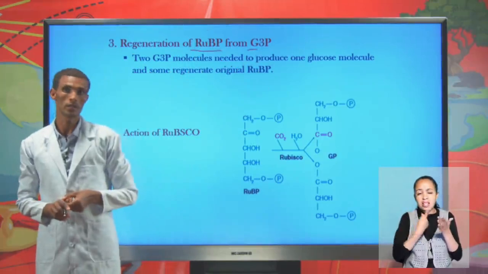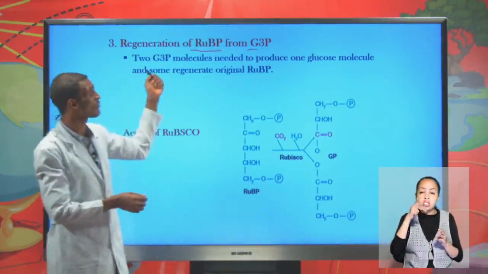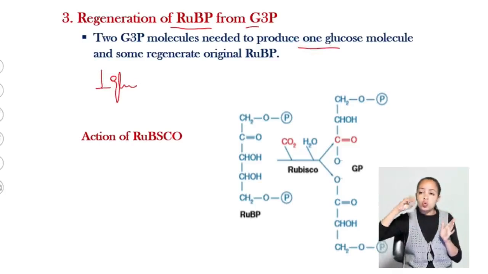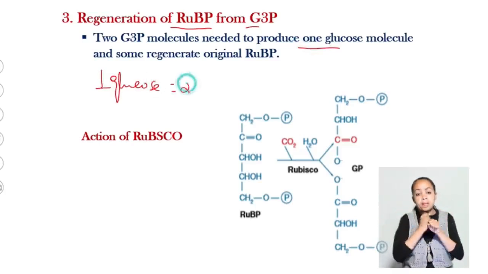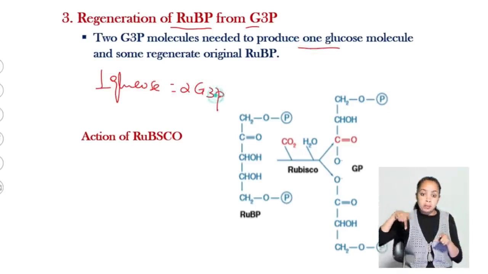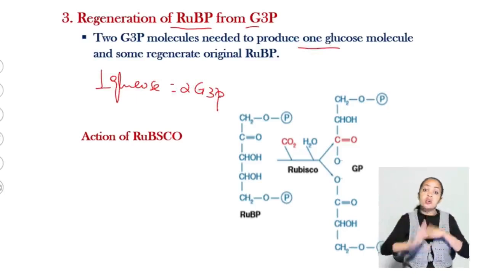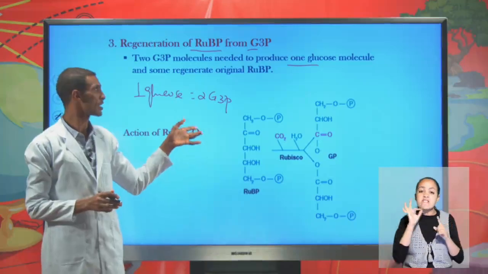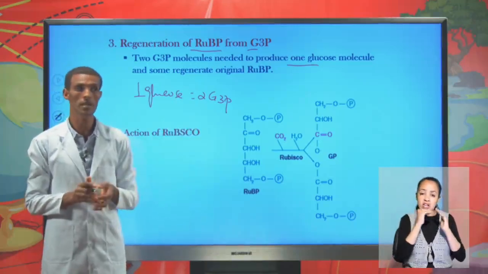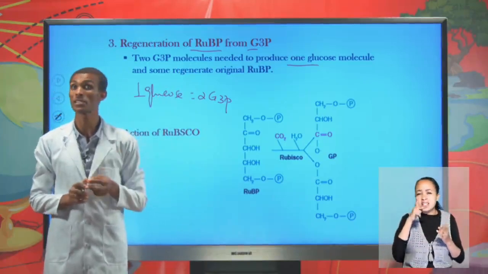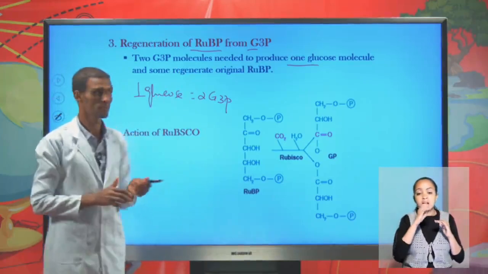During this pathway, two glycerate-3-phosphate molecules are very important to make one glucose molecule, whereas the rest are involved in regenerating ribulose bisphosphate. Orderly fixation of carbon dioxide, reduction of carbon dioxide, and regeneration of ribulose bisphosphate are the three main stages that take place in the Calvin cycle.